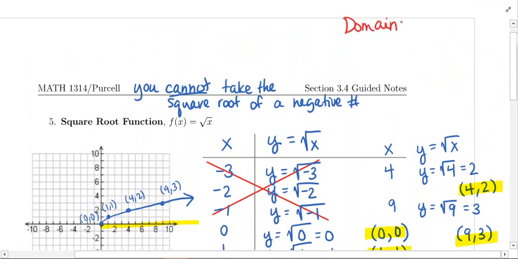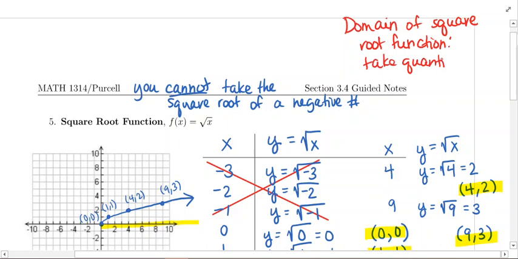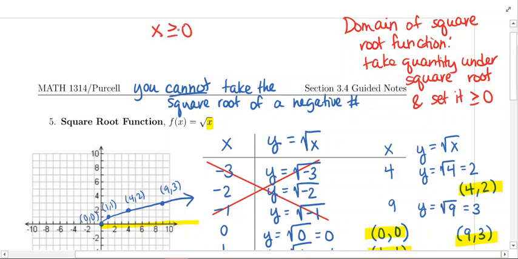If you want the domain of a square root function, the rule was to take the quantity under the square root and set it greater than or equal to 0 and solve. So if we applied that logic here, I'm going to take the quantity under the square root, which is x, and set it greater than or equal to 0 and solve. Well, it's already solved.